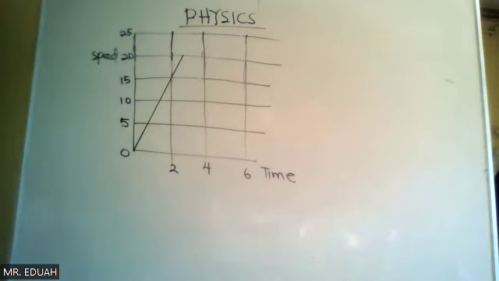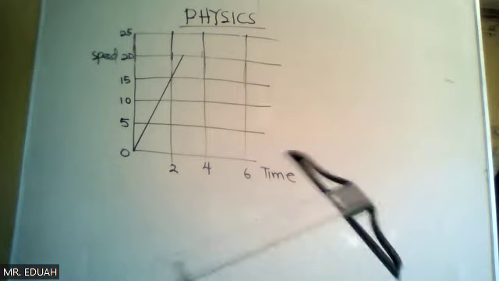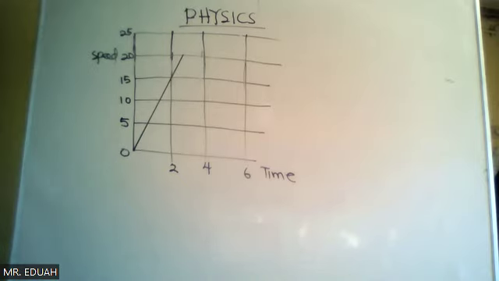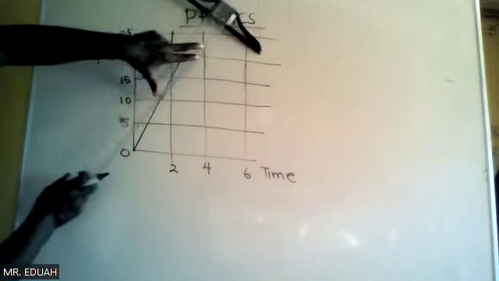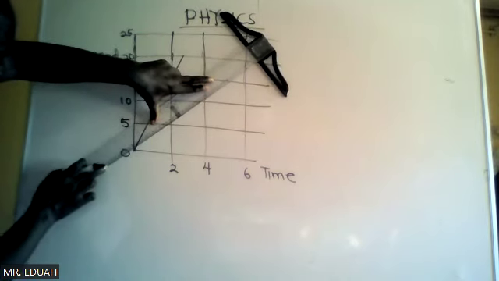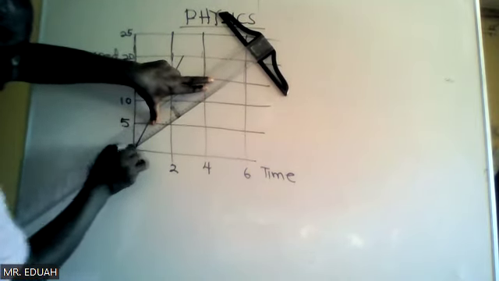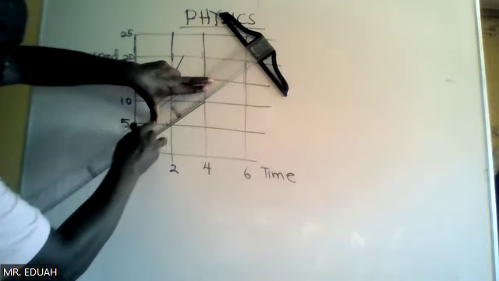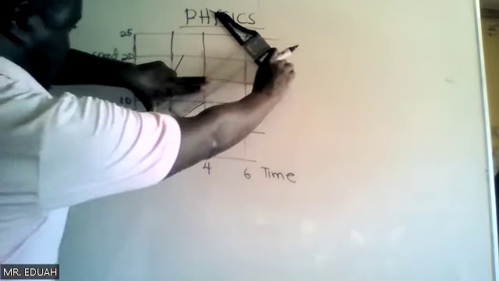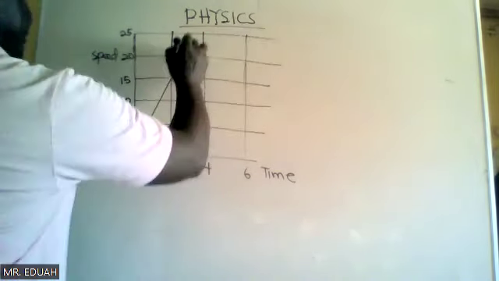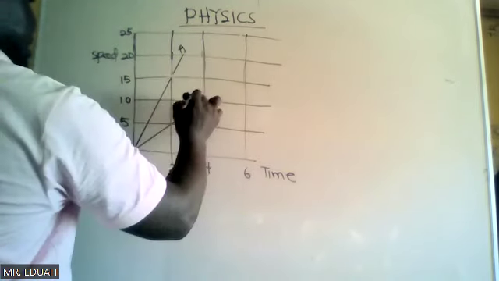Then graph B due to 10. So this is graph A and then graph B.